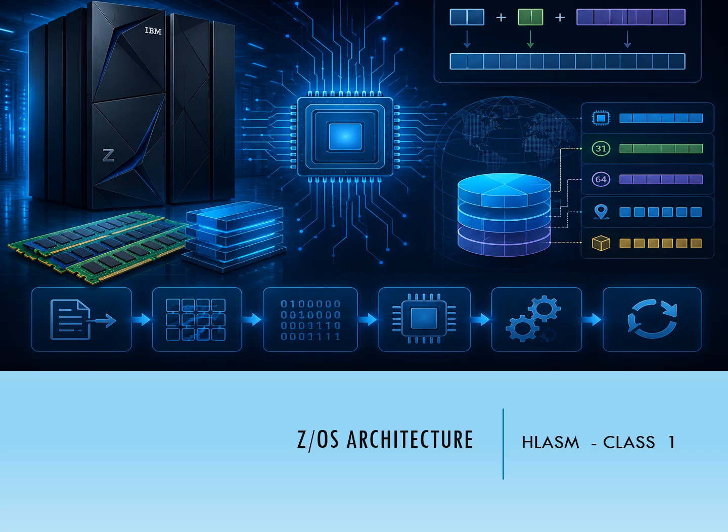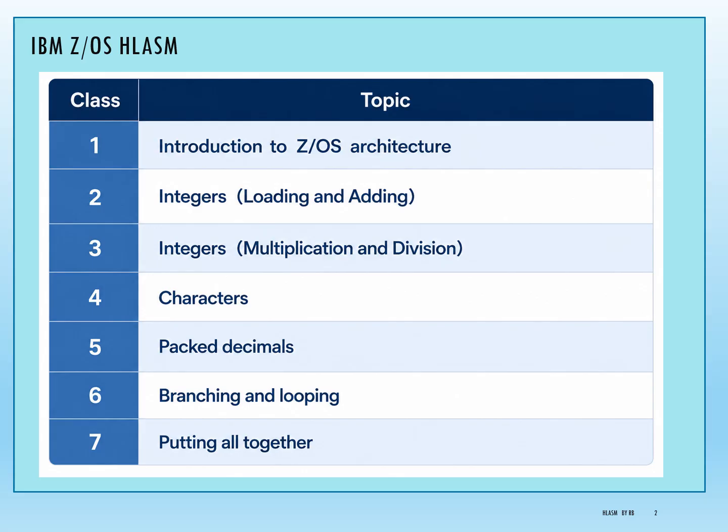This is class 1 where we are going to talk mainly about the z/OS architecture that is relevant to assembler language, and as we proceed we will keep picking up one topic in each class and cover the entire HLASM. Okay, let's move on.